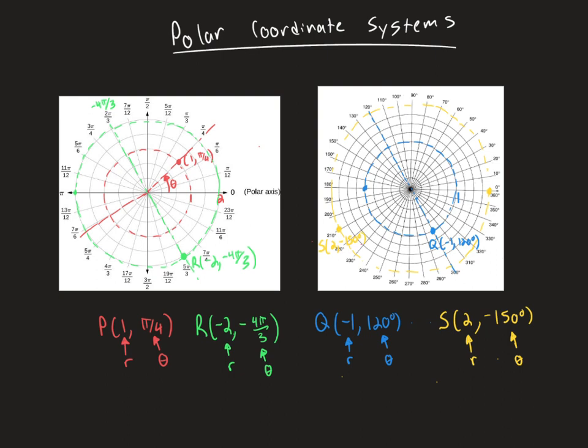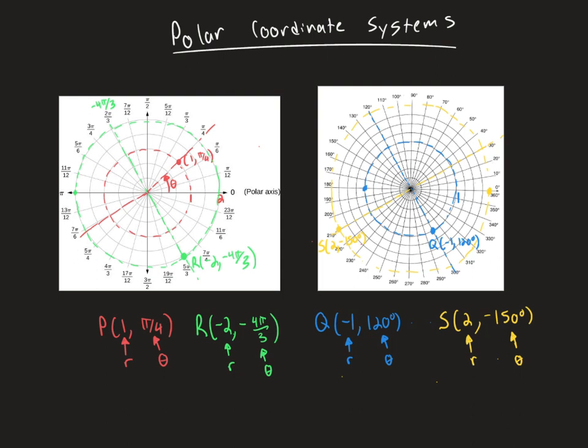Or we can do the negative 150 first. We know we're somewhere on this negative 150 line, and here's the positive direction, and this would be the negative direction.